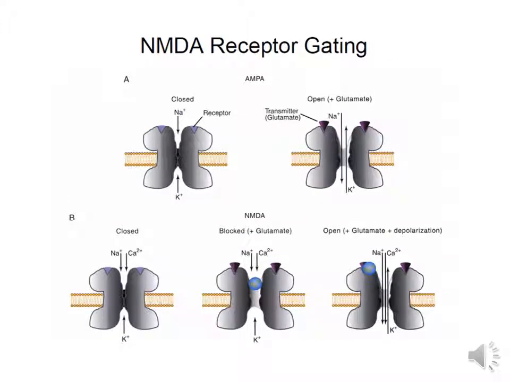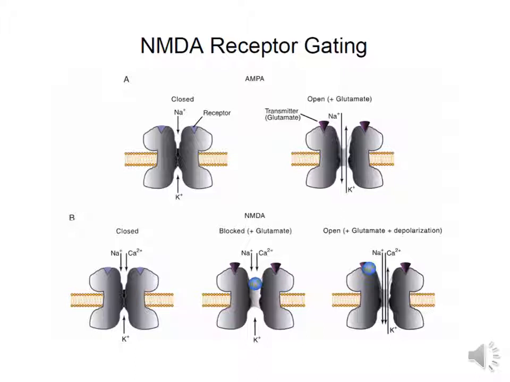Regarding the opening and closing of the NMDA receptors, as we've already talked about, this is a very complex process. If we compare with the AMPA receptors in the top part of this diagram, AMPA receptors only need the neurotransmitter to bind to cause the opening of the channel and the ions to flow through the channel. In the case of the NMDA receptors, it's briefly depicted in the bottom part. When the receptors are closed, they do not allow the flow of ions.